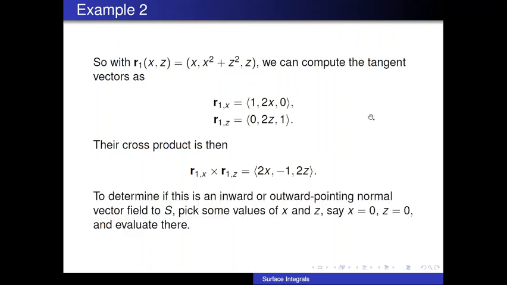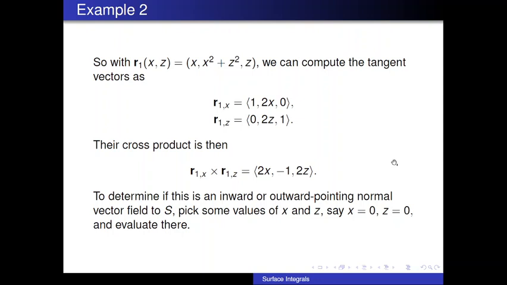Okay. So then to determine if this cross product points inward or outward from the surface S, let's pick some values of x and z and see what's the corresponding point on that surface. And then maybe let's draw these vectors and see if this guy points inward or outward.